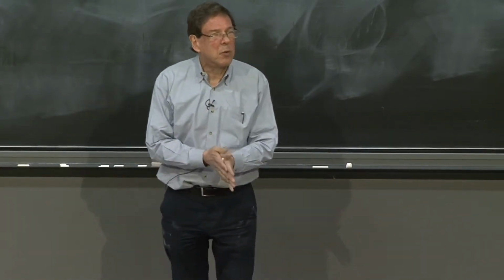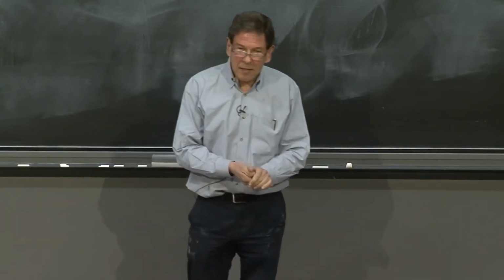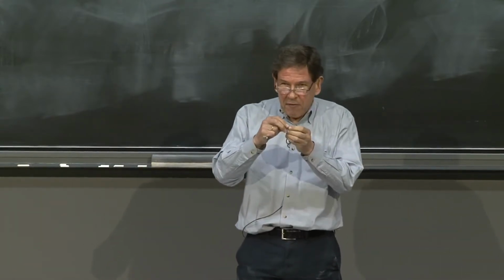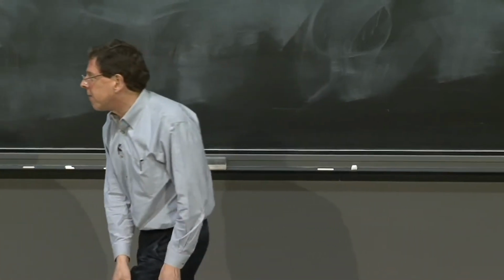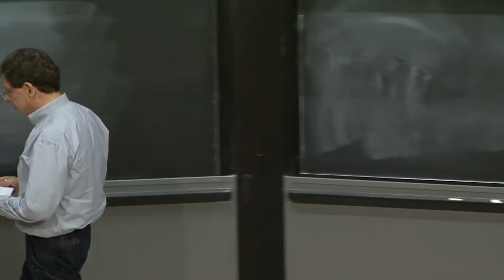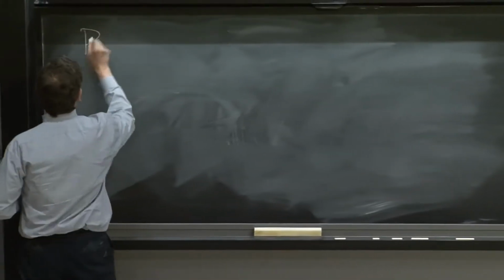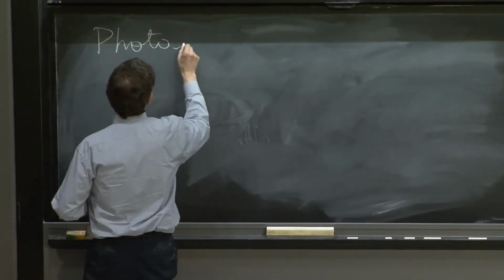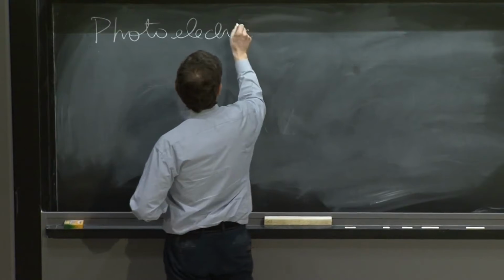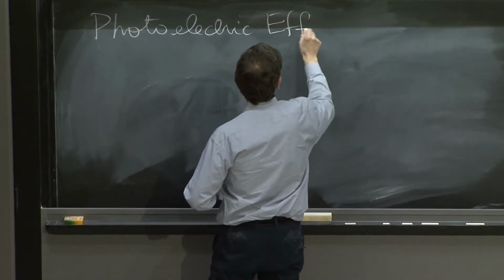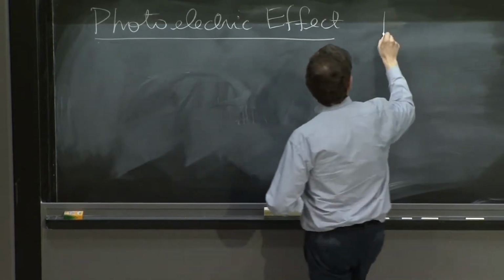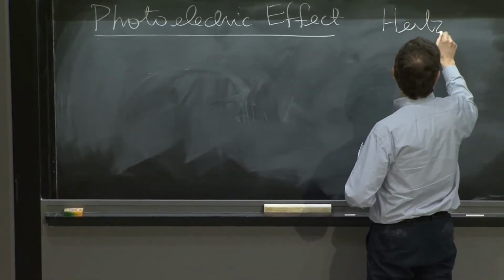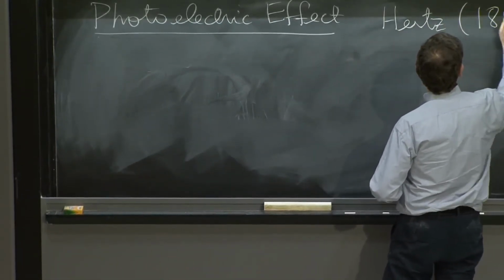Those were called photoelectrons, and therefore you would get a photoelectric current from those electrons. So this is the effect we want to discuss now. It's the photoelectric effect, and it's Hertz, 1887.